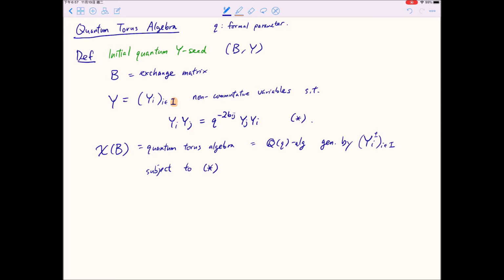So it has I generators, plus or minus. You also allow inverses of those generators, and then you will have such a q-commutation relation between the generators.